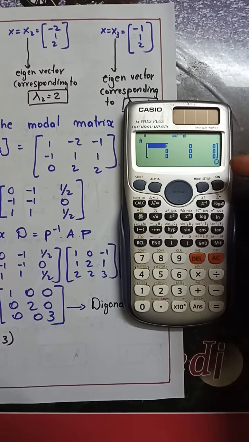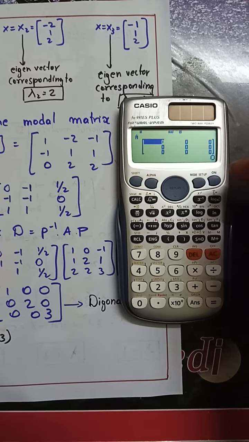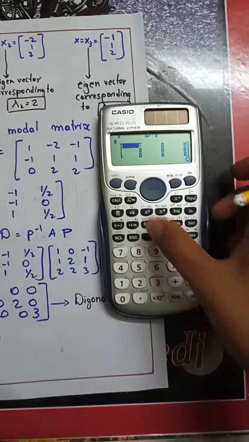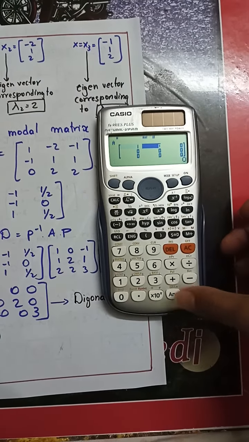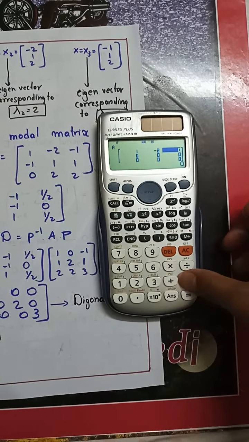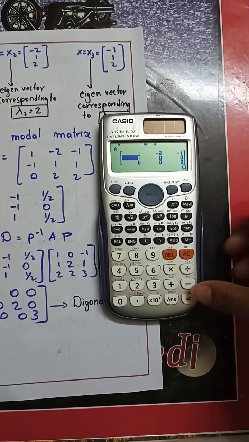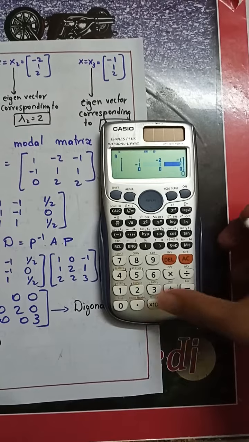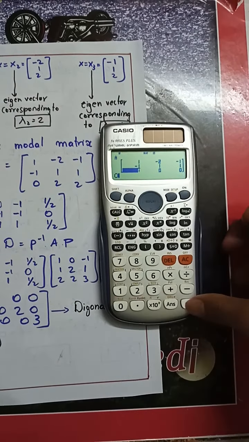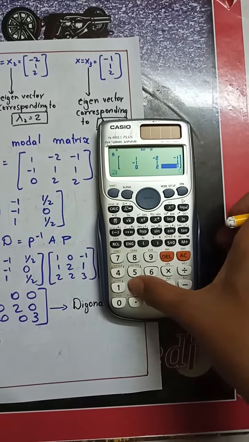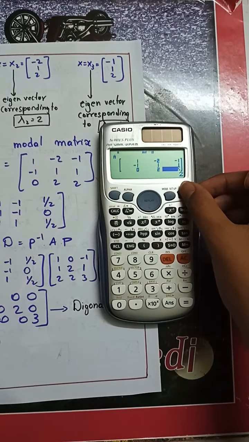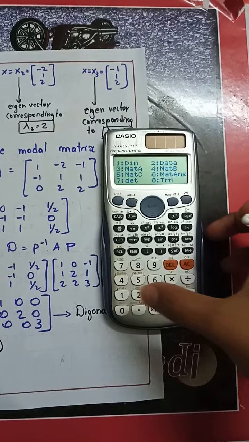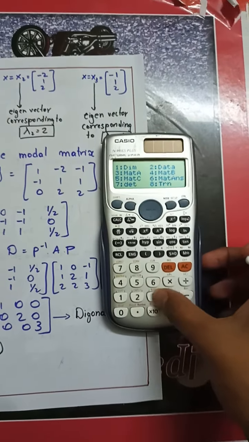To find P inverse for the matrix P by using a calculator, we enter the entries of P: 1, minus 2, minus 1, minus 1, 1, 1, 0, 2, 2, each followed by equal, then go back. Now shift 4 matrix, that is matrix A 3.